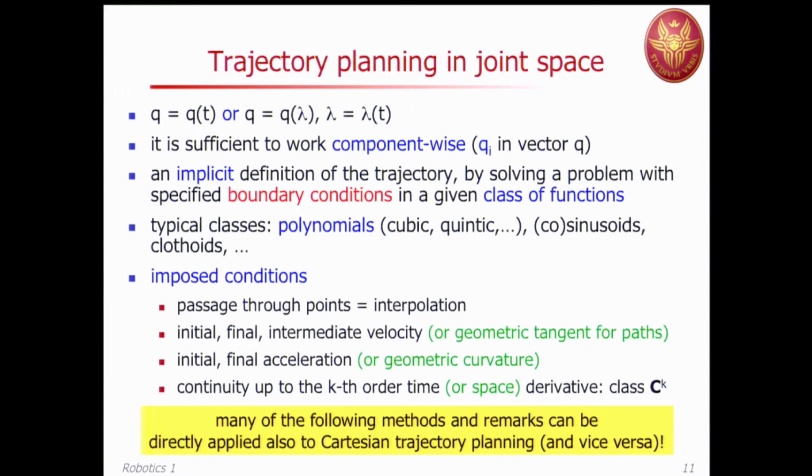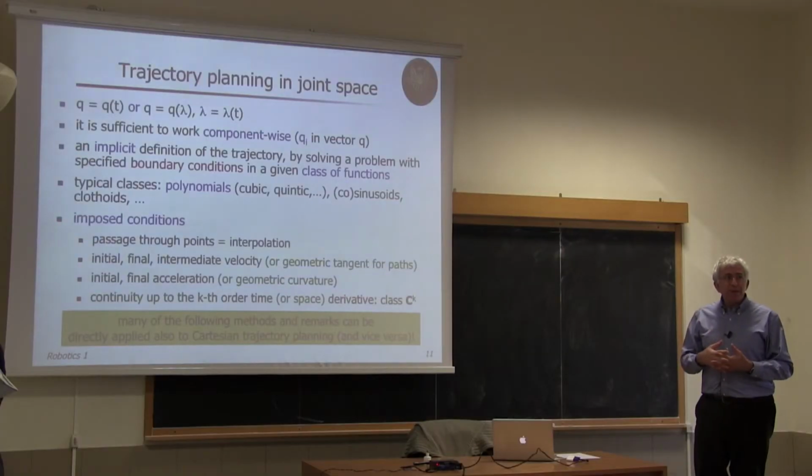So we started, this is before last slide of last time, we started with trajectory planning in the joint space, where we specify a class of trajectories, and we don't make much distinction at this stage between time and parameter.